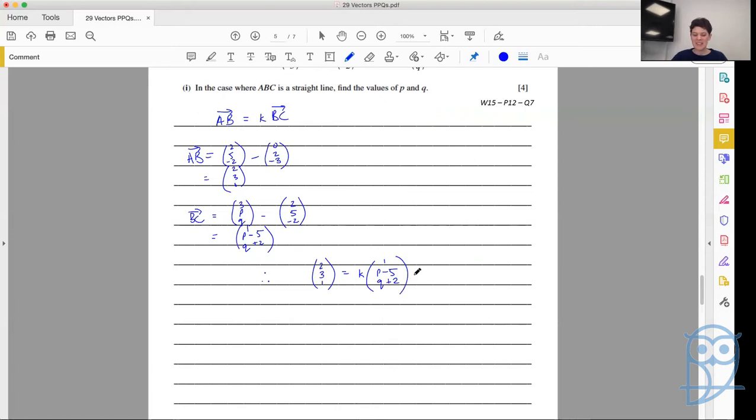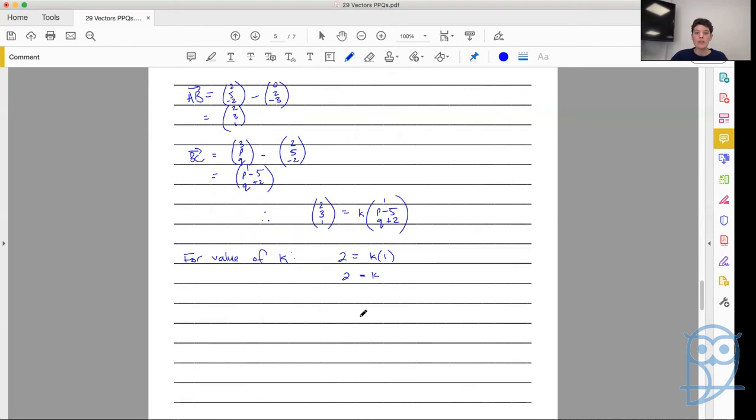And it's a wonderful thing when you look at something like this and you say, look, I've got my X components. So for the value of K, we know that 2 equals K times 1. So K equals 2.